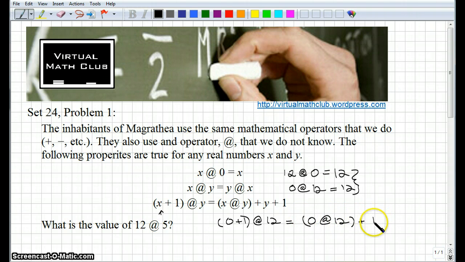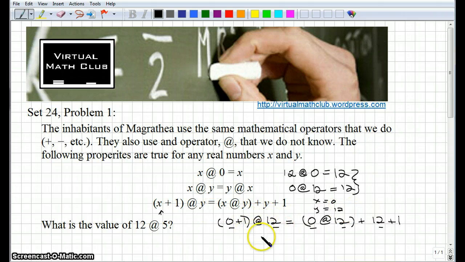plus 12 plus 1. Alright, so all I'm doing here is I'm saying, okay, x is 0, y is 12, and everywhere that I see x, I'm going to put a 0, and anywhere I see y, I'm going to put a 12. So I'm just using x equals 0, y equals 12, and replacing x and y.